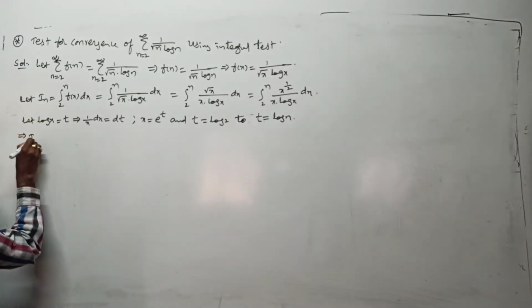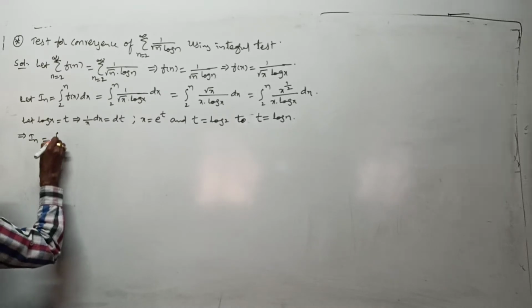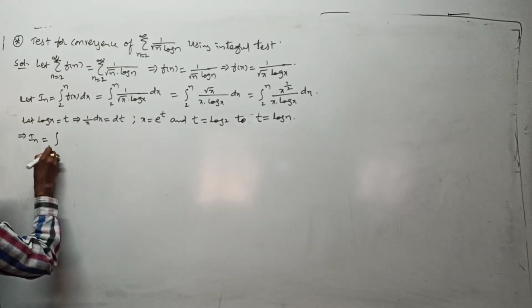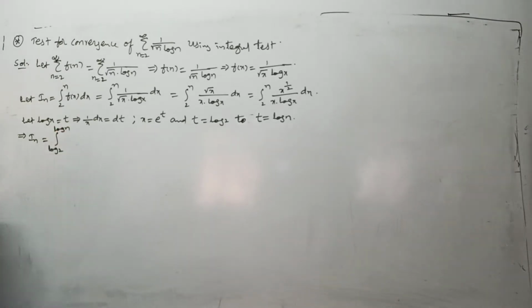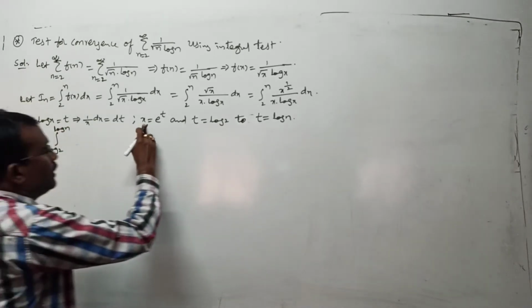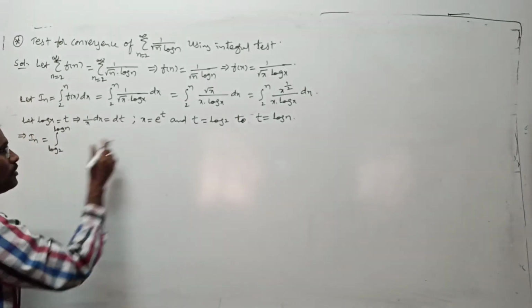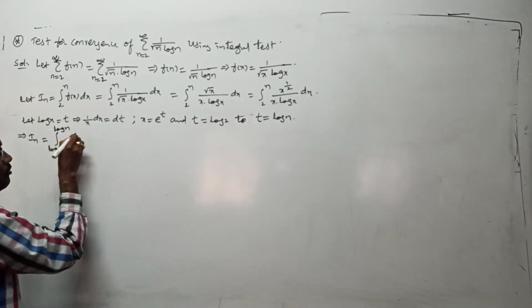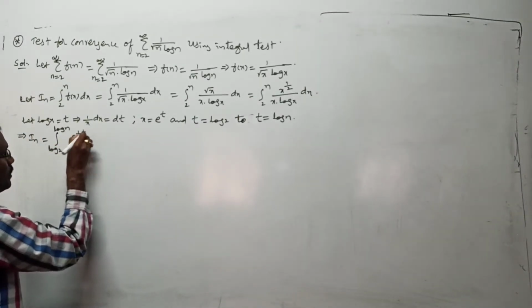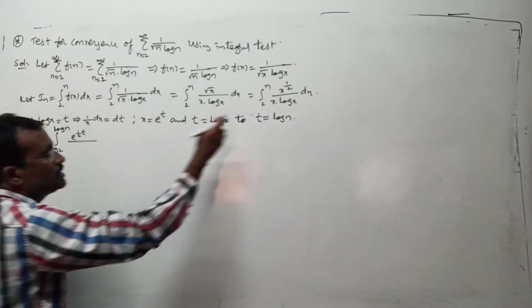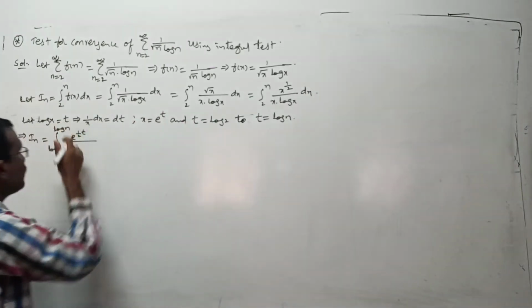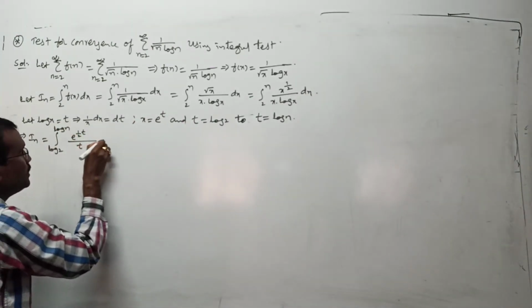Use all these things in this: I n is equal to the integral from log 2 to log n. x is e power t, so x to the power 1 by 2 is e power 1 by 2 t, whole by, with 1 by x dx being dt and log x being t, dt.